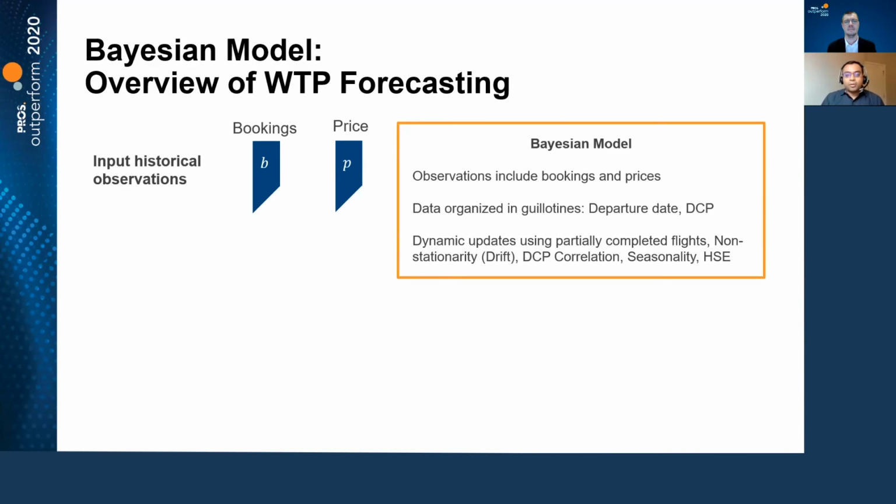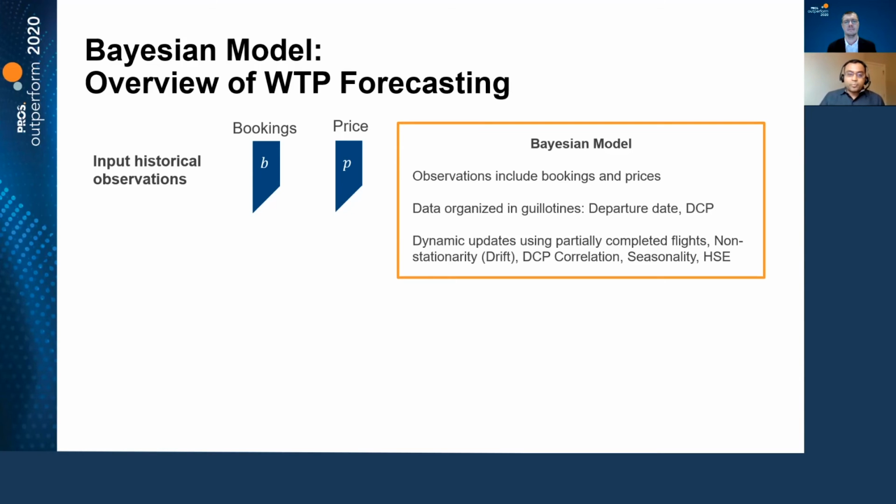Furthermore, we also model non-stationarity in the arrival process or the demand process using drift, as well as we make use of correlation across DCPs to update the forecast much more dynamically. And naturally, there is seasonality and holiday and special events which are built into this forecaster as well.